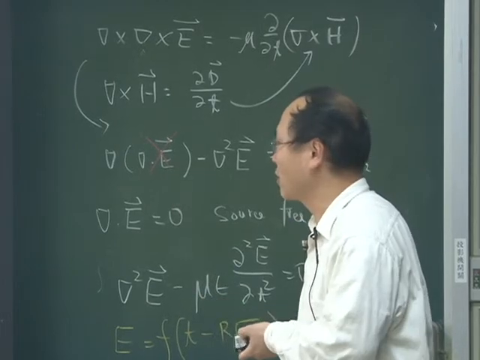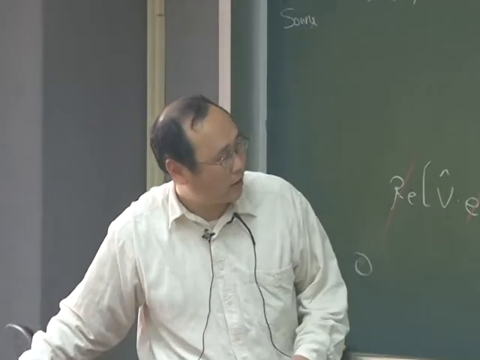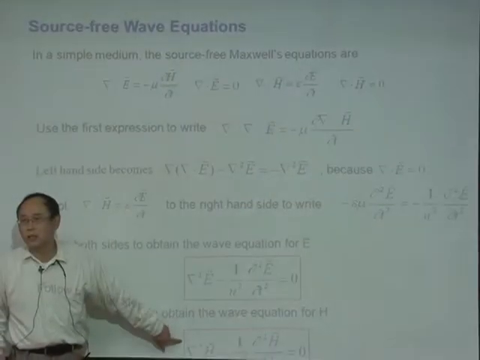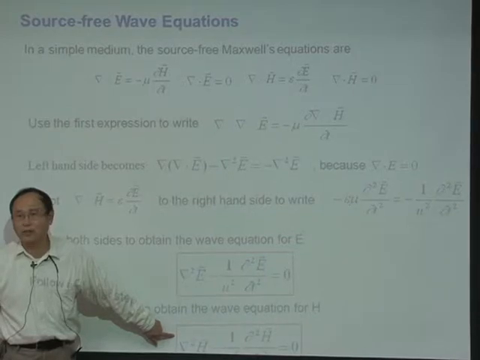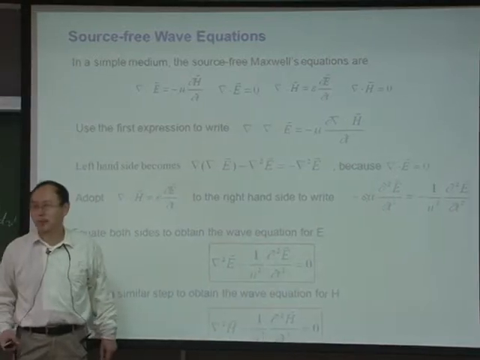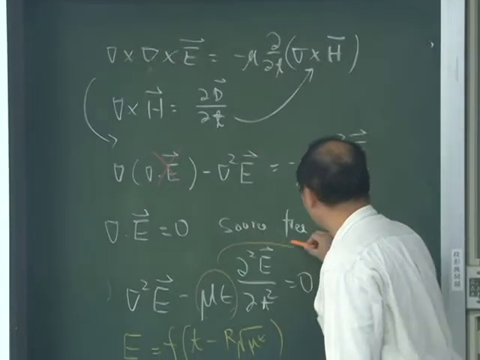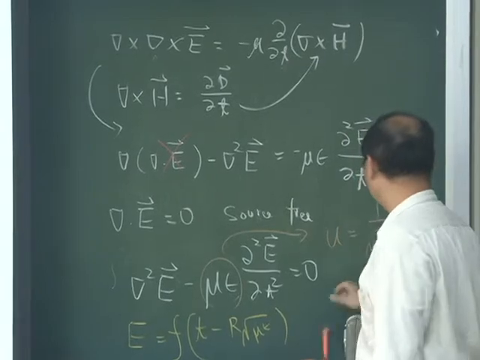Okay, well, you go through the same calculation for the magnetic field. If you go through the same calculation for the magnetic field, you also get this wave equation for the magnetic field. So this means that if you have a time-varying magnetic field, this field is going to propagate in space. How fast will it travel? Well, from this term, you know the speed of this wave is going to be this.